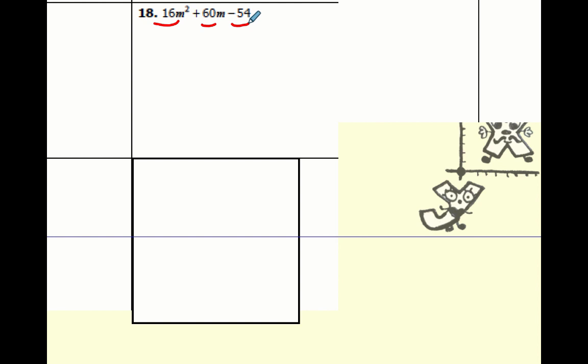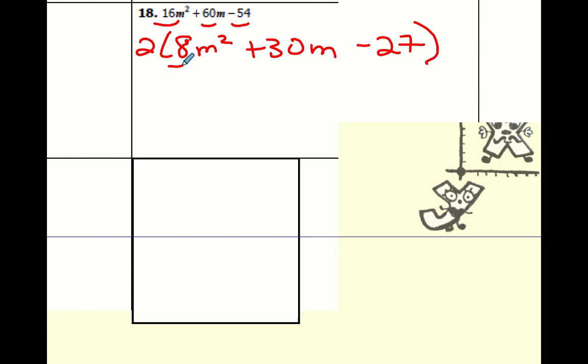So is 16 divisible by 2 or 3? It's divisible by 2. So I'm going to factor out a 2. 16 divided by 2 gives me 8. 60 divided by 2 gives me 30. And 54 divided by 2 is negative 27. Now, there's nothing else that divides all 3 of those terms, so I'm done with the greatest common factor.